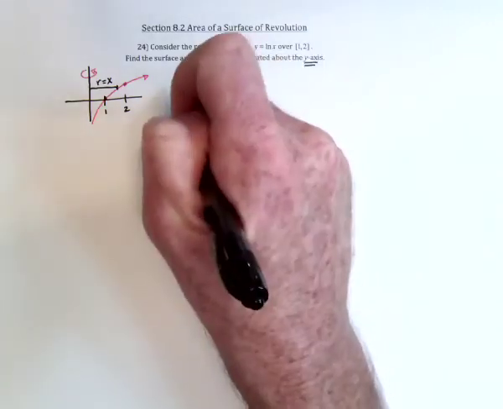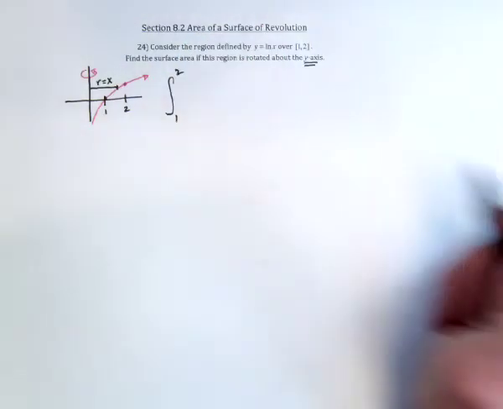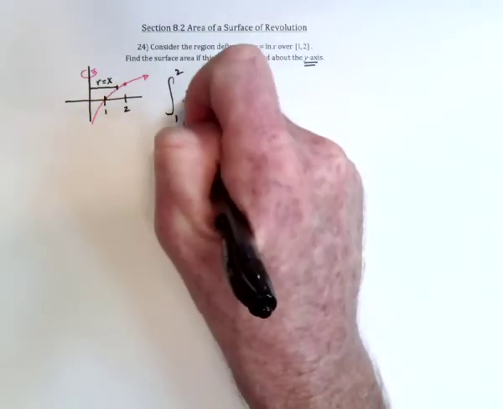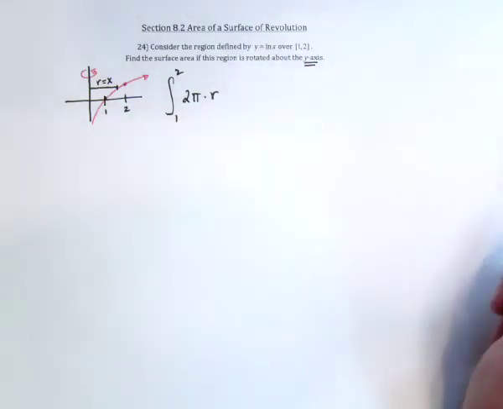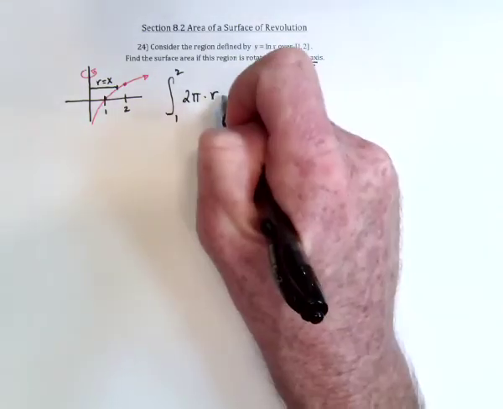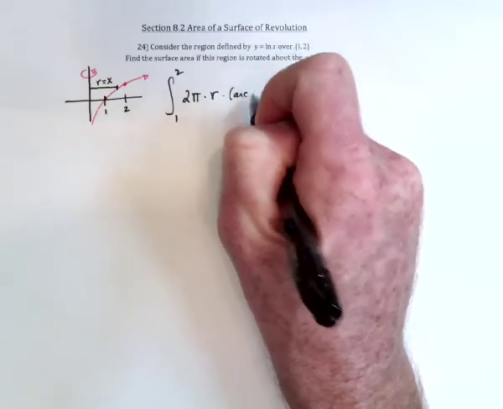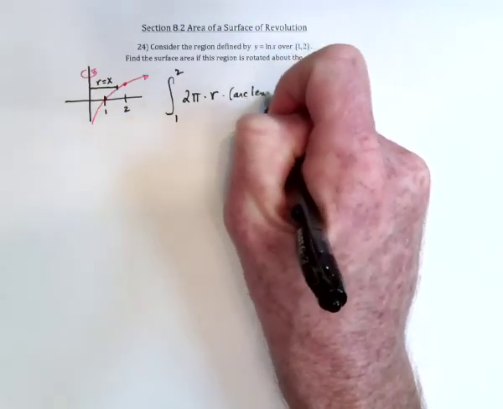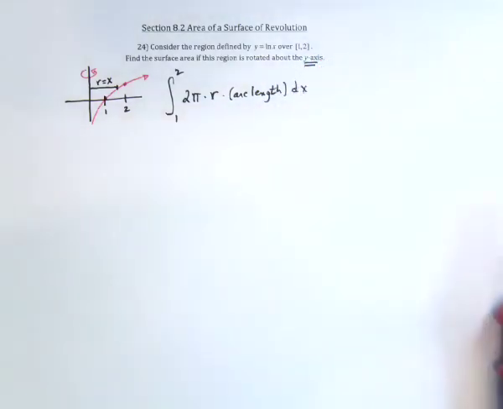So we'll have integrate from 1 to 2, 2 pi times the radius, which in this case is going to be our x, and then times the arc length.